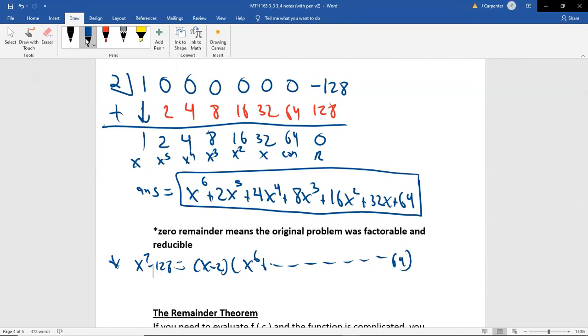That's what that says. The only reason it says this is because if you have a over b equals c, if you multiply both sides by b, the b's cancel, and you get that a is equal to bc.